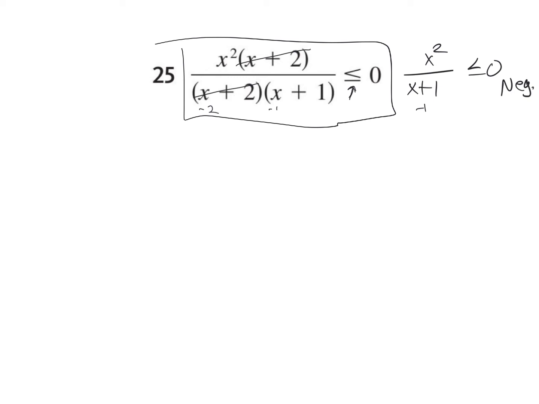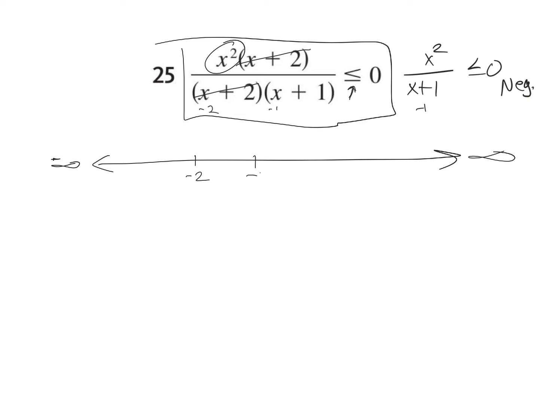Every part of the fraction has to be checked. Well, notice we have an x squared there. If x alone is 0, that makes the top 0, making it equal to 0. So what numbers do we have here? So on our number line, negative infinity, negative 2 is first, negative 1 is next, 0 is now part of it, to positive infinity.